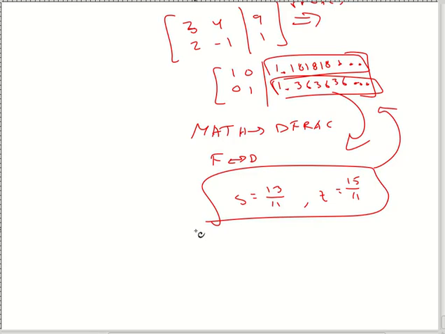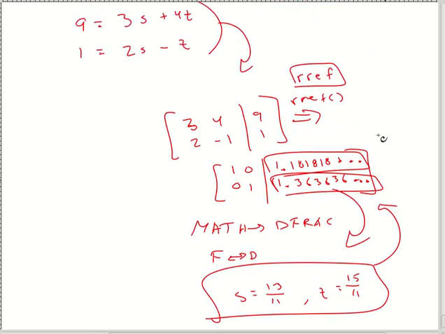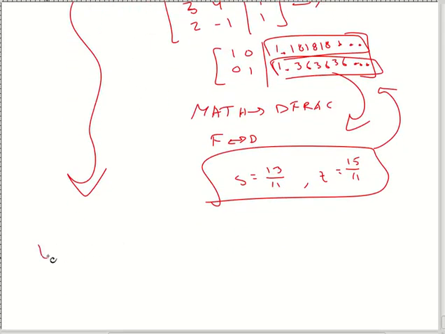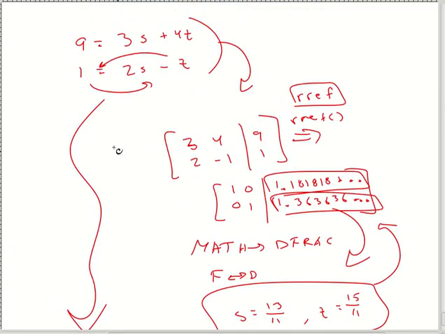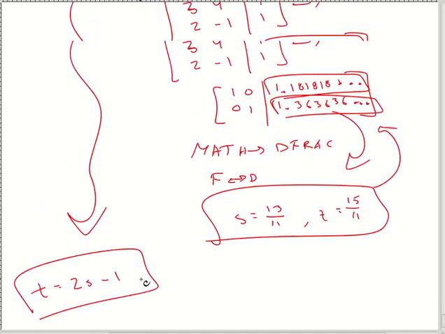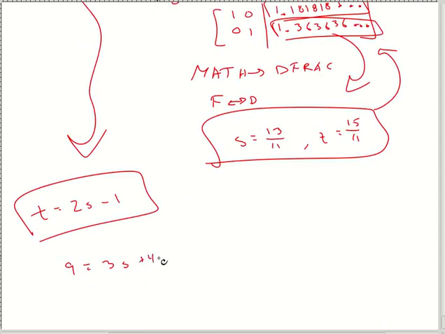Regardless, it's fine. Let's just say that you are confused about these matrices, right? So, like, what is going on? Well, you can just do this equation stuff by yourself. Like, what if I move the t over and move the 1 over? So, I would get t is essentially equal to 2s minus 1. So that's not bad. And I'm going to plug it in right there. So here we go. 9 is equal to 3s plus 4t.